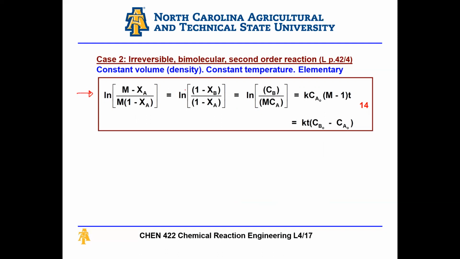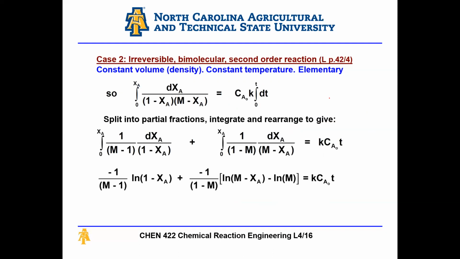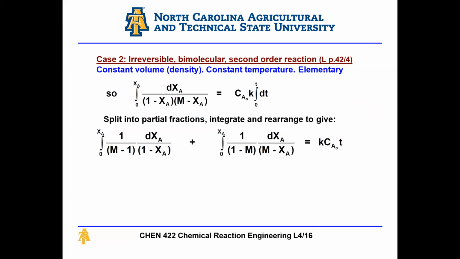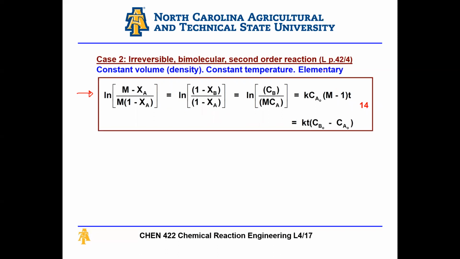So this is the performance equation for when I have two different species. And again, recall that M is equal to Cb naught over Ca naught.